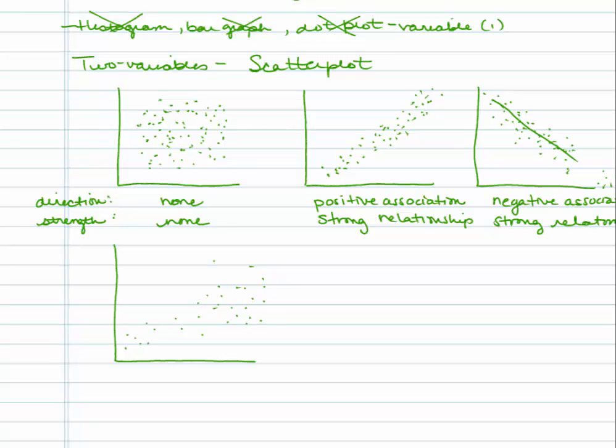So something that looks like this, and I'm hoping all these dots are going to be showing up with this pen, but we'll find out. The direction. So if you look at it, it does kind of look like it's going up. I'm trying to draw a line in that would fit perfectly through the middle of the dots, so there's an equal amount above and below.